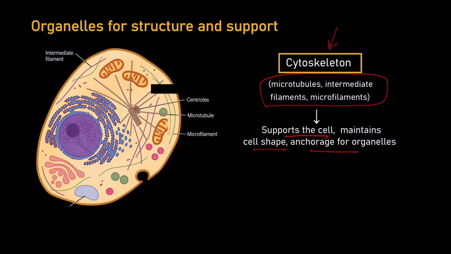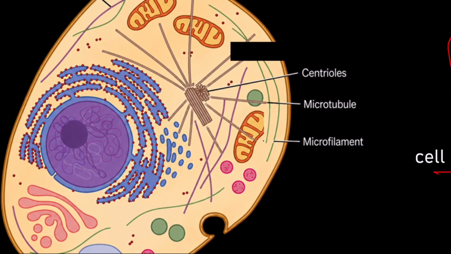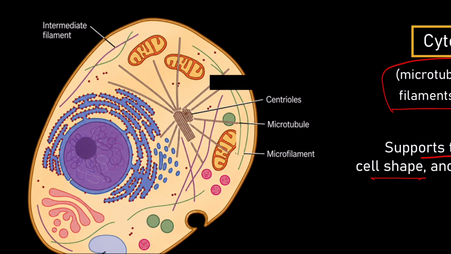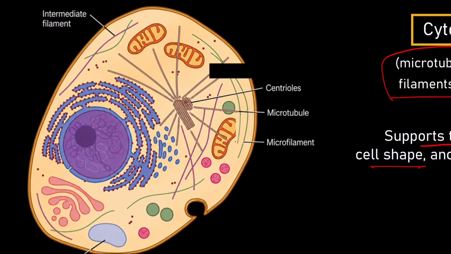These fibers and filaments collectively are called the cytoskeleton. So there are three main types of fibers: the microfilaments, the intermediate filaments, and the microtubules. If we were to zoom in a little bit, we see the microfilaments right here, the microtubules, and the intermediate filaments.